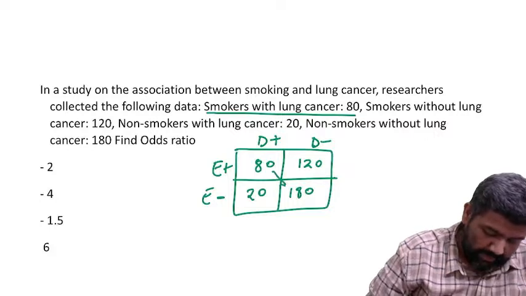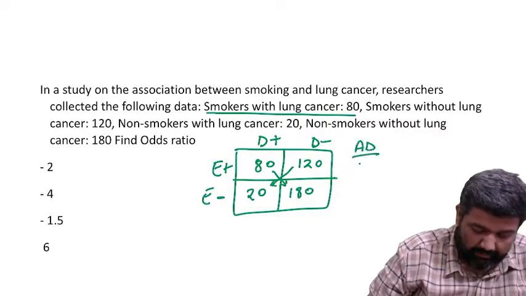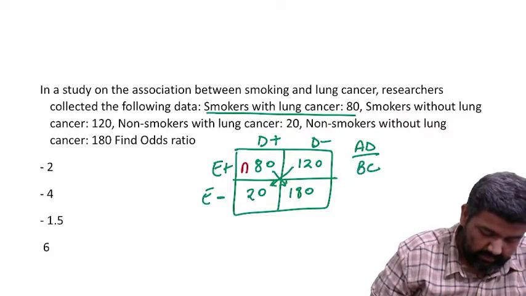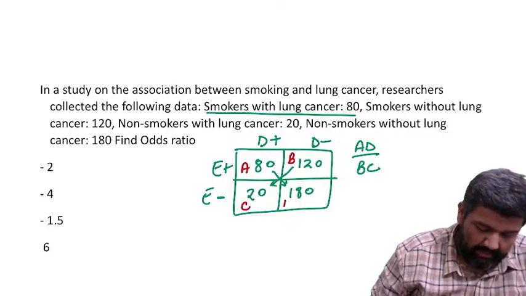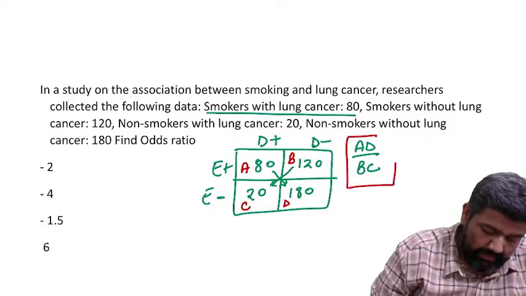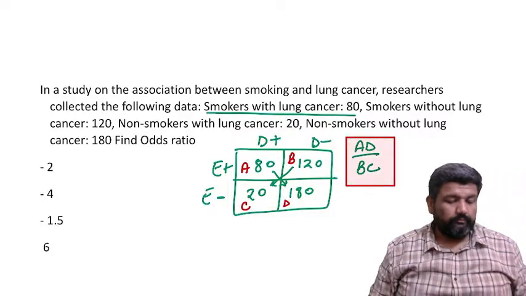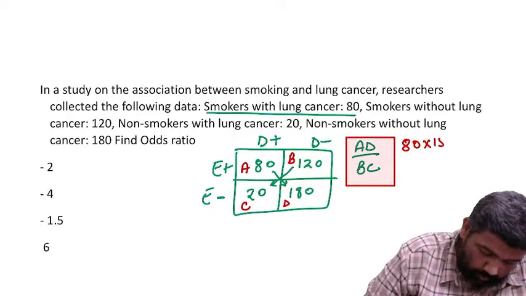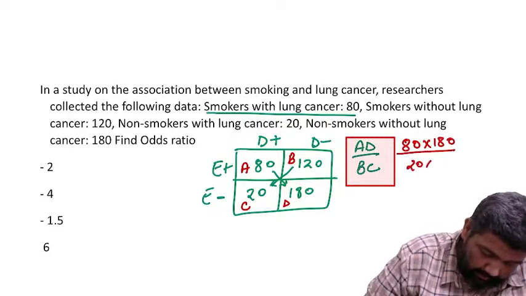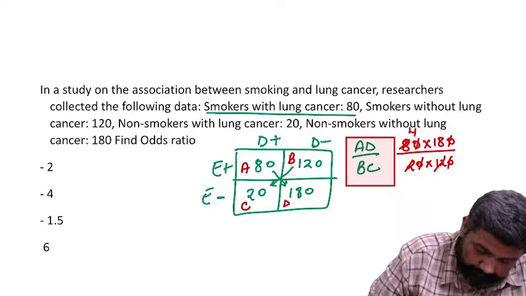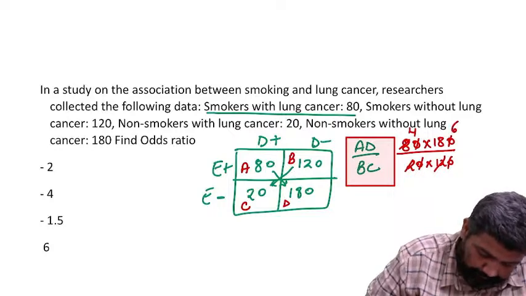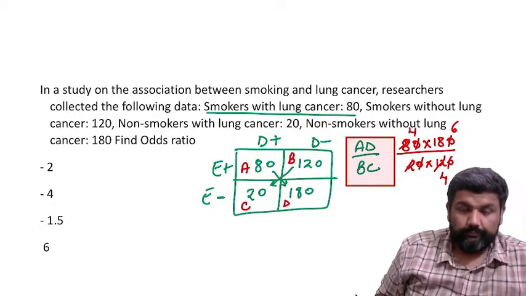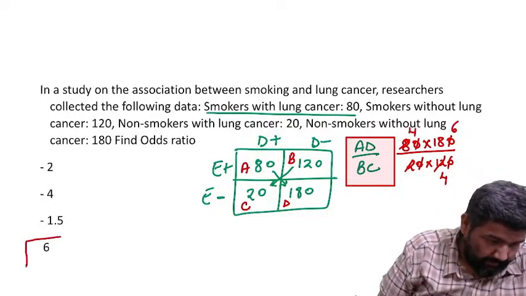So odds ratio is AD by BC. Let us consider this is A, B, C and D. So A is 80 into 180 divided by 20 into 120. After solving, you will get around 6.